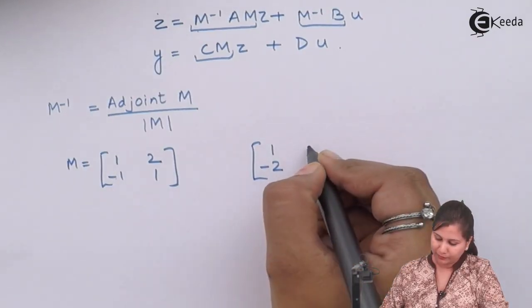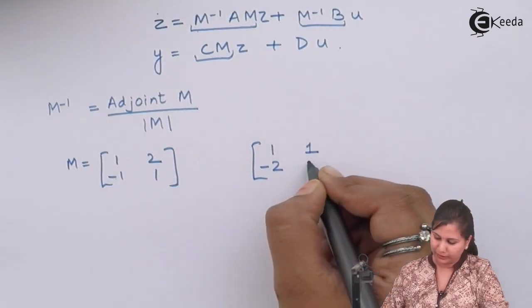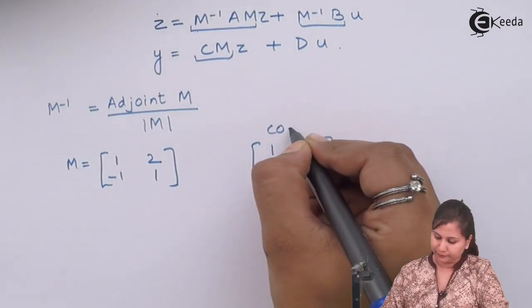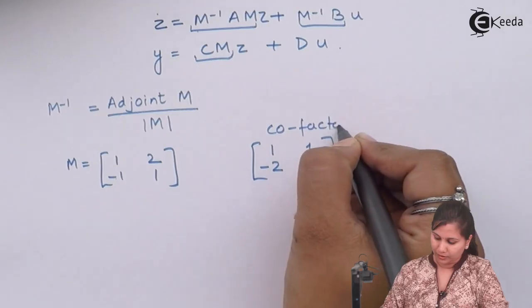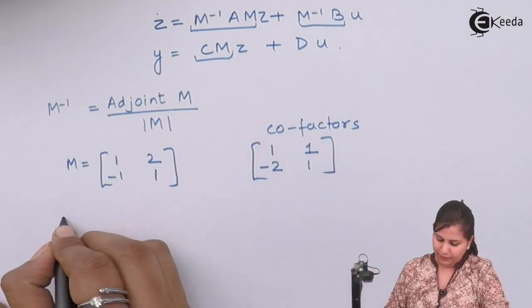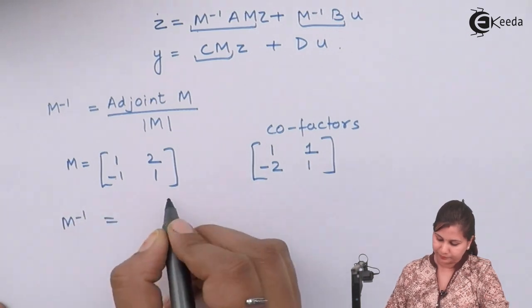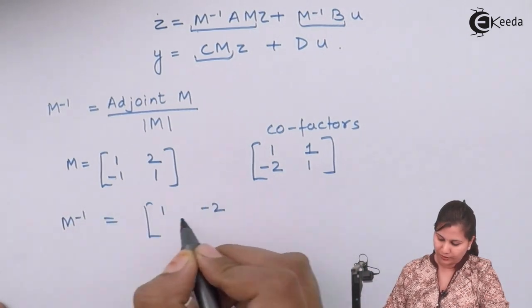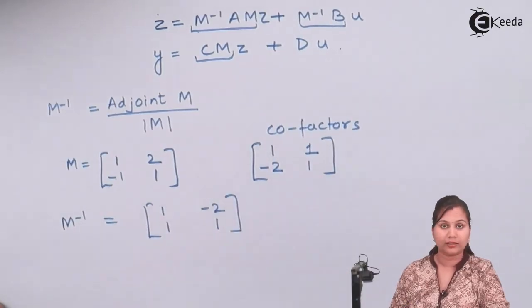This minus 1 will become 1 and this 1 will be as it is. So these are the cofactors. Now adjoint will be transpose of this. So M inverse will become 1, minus 2, 1 and 1.